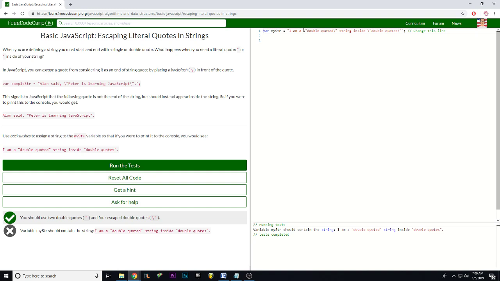I am a double quoted string inside double quotes. Oh, with a period. They want a period. Okay. There we go. They wanted that period.